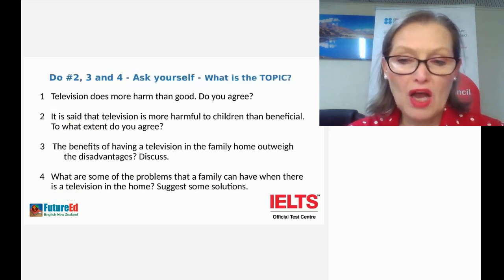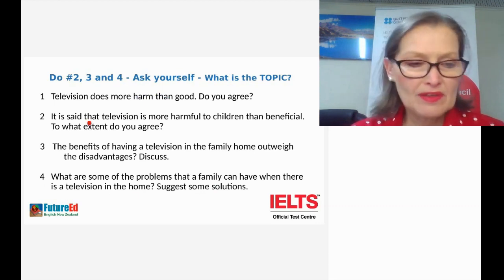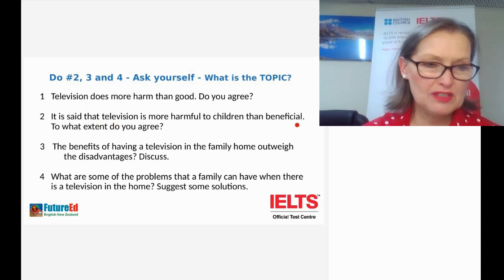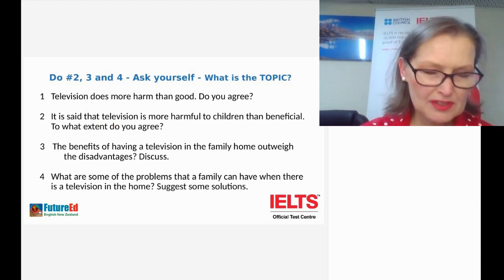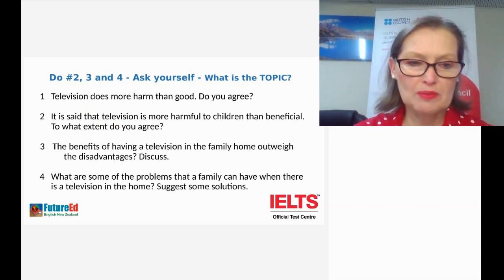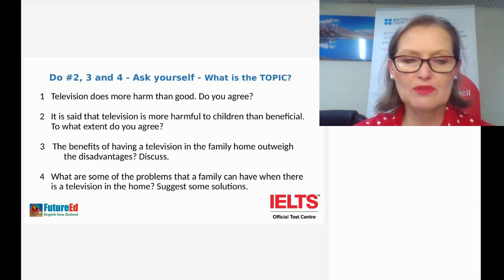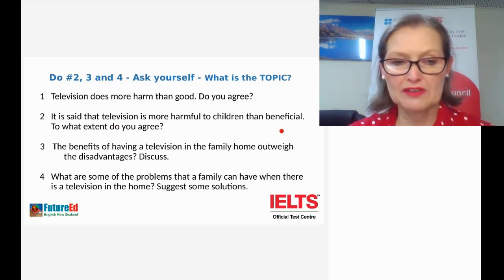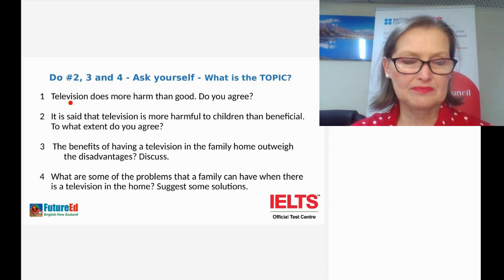Television does more harm than good. Do you agree? So if you're near a chat box, if you want to just type in the little chat box, what do you think your topic is? What's your subject? What are you going to write about in this essay? Just read number 1 first. We'll do first number 1 together.